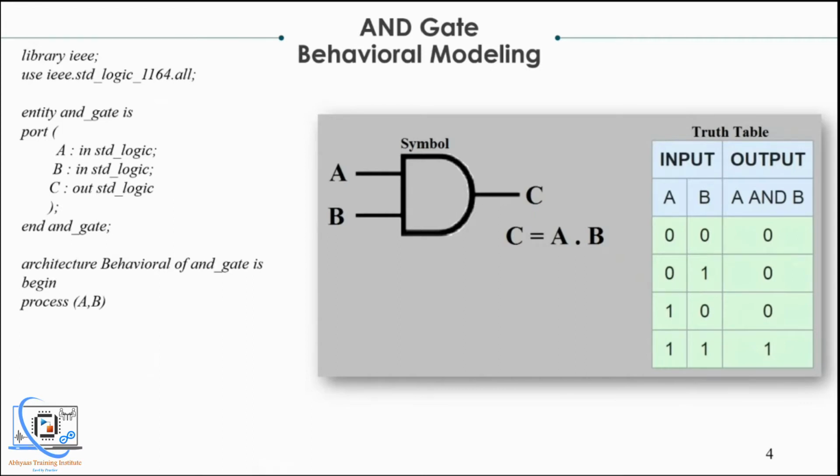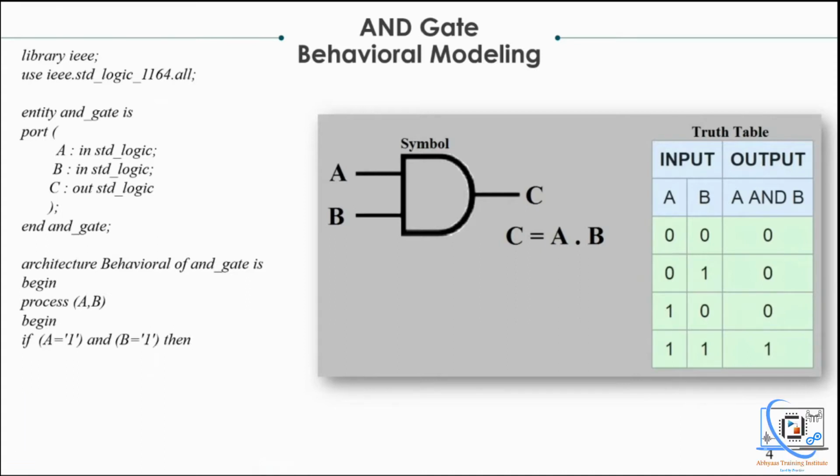A and B I kept in the sensitivity list of this process. Why? Because the output C changes whenever A and B change. Now we are starting this process. Now we are using this if else. If A equal to 1 and B equal to 1, then C is 1. You can see from its truth table that the output is 1 only when A and B both are 1. Otherwise it is 0.